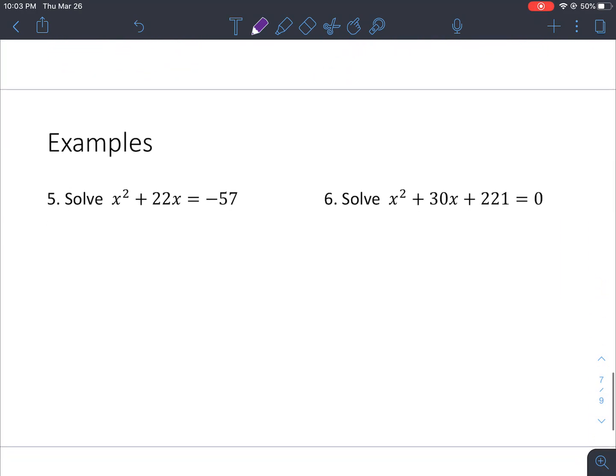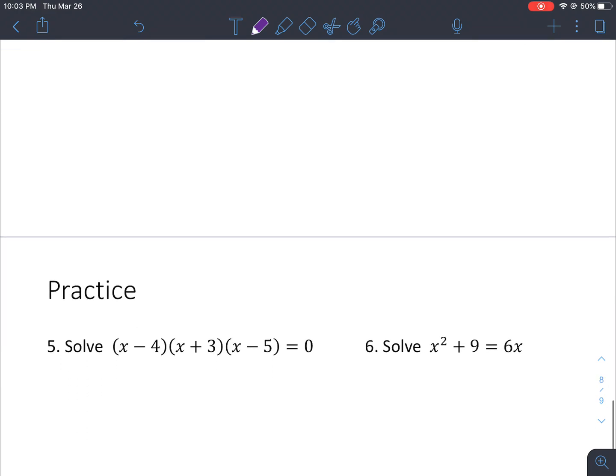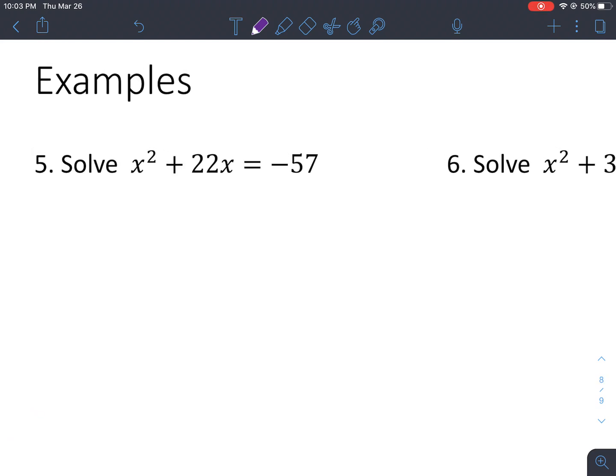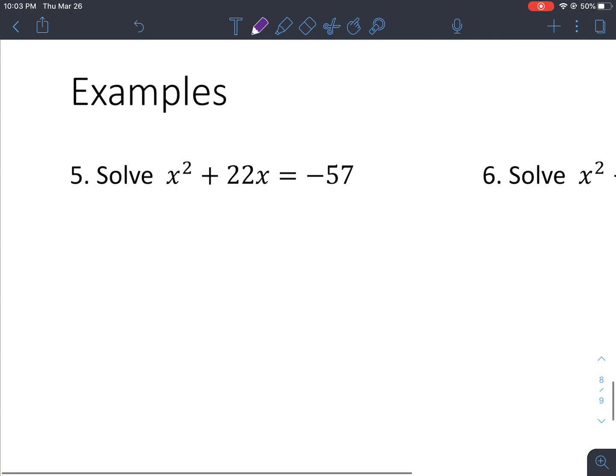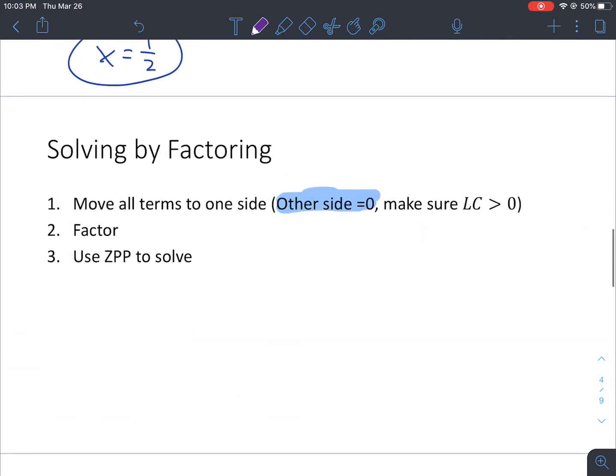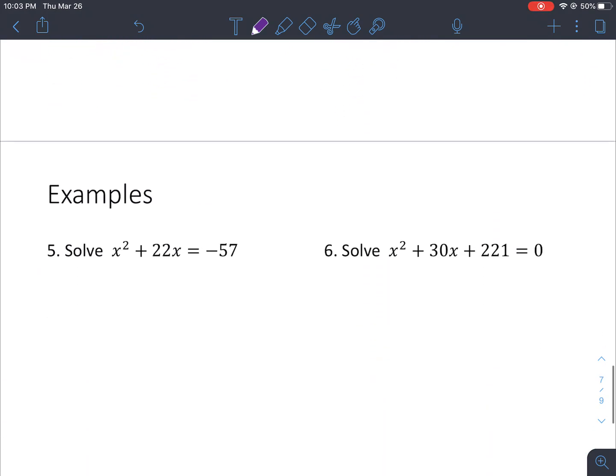Now, the last one I'd want you to take a look at because it's just going to get repetitive in showing more examples. But if we take a look at this example 5, we had a rule up here. It was the first rule: move all terms to one side so that the other side is equal to 0.